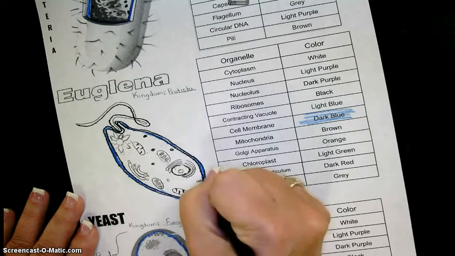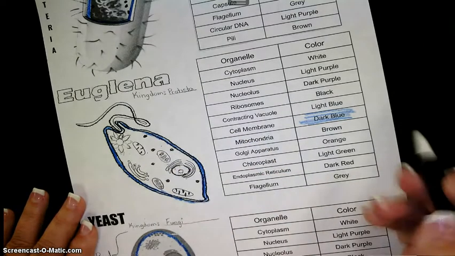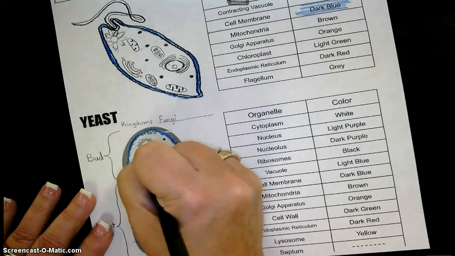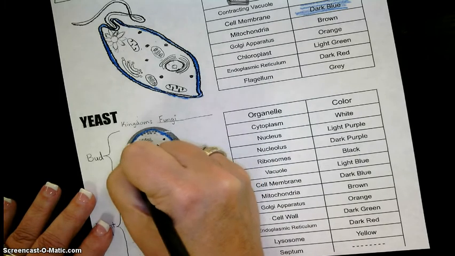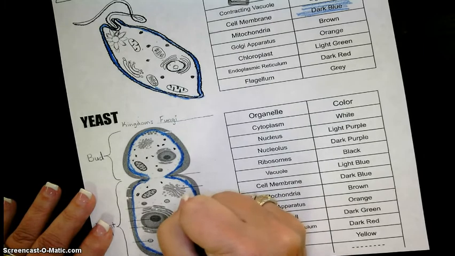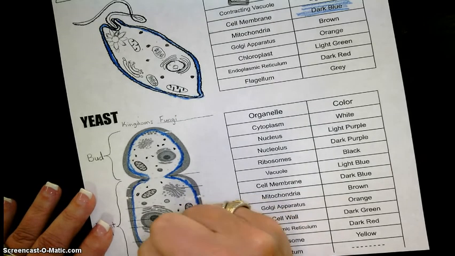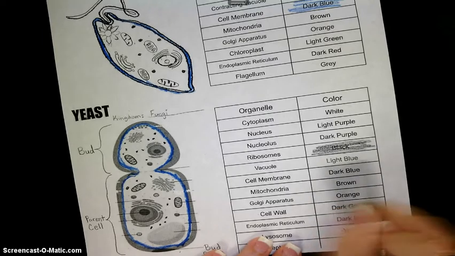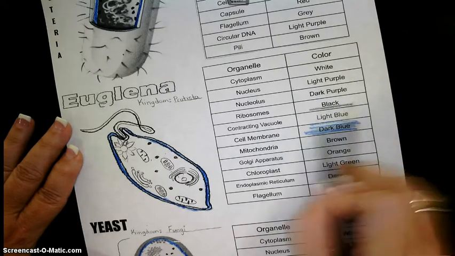So your euglena has ribosomes, and your yeast has, you'll just have to reinforce the little dots. They have lots and lots of them. You may not want to try to color every single one of these little pinpoint dots, but these are all ribosomes. So all of these have ribosomes.